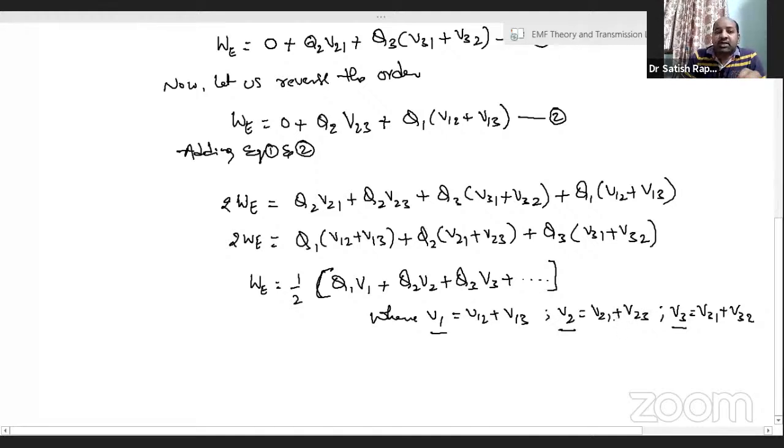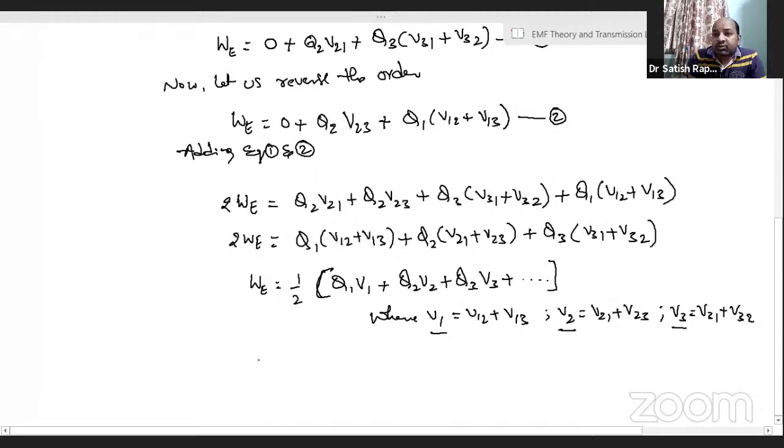This is just like applying the superposition theorem, right? In the superposition theorem, we determine potential by the sum of potentials due to the other sources. So here we do the same.